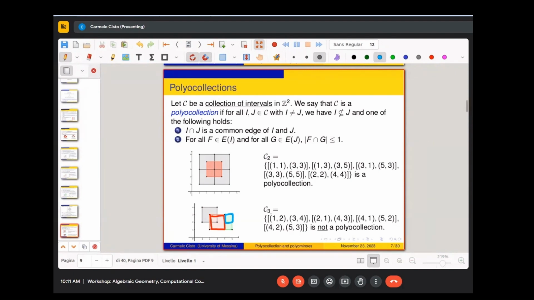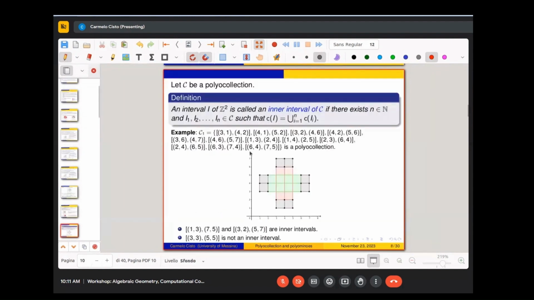The first, no, because their intersection is not the entire edge of the first interval, the red interval, because they share a common edge. The second one is that the intersection is greater than 1. We have 2 points in common between these two edges of the two intervals.